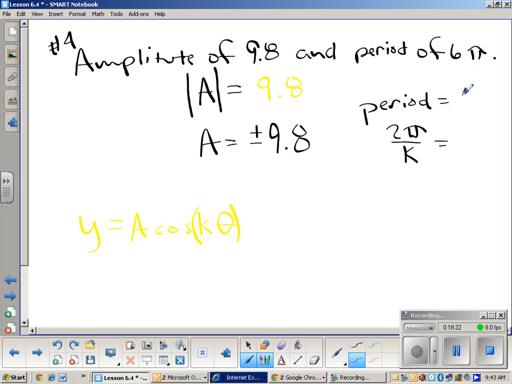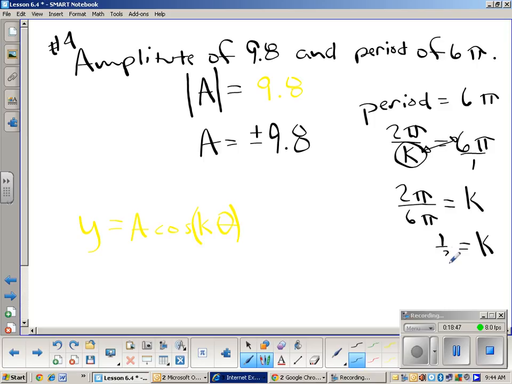The period was 6 pi. In the model, the defined period is 2 pi over k, so 2 pi over k is going to equal 6 pi. And so when we have a proportion like this and our unknowns in the bottom, what can we do? Switch places. So we get 2 pi over 6 pi equals k. And so k is equal to 1/3.